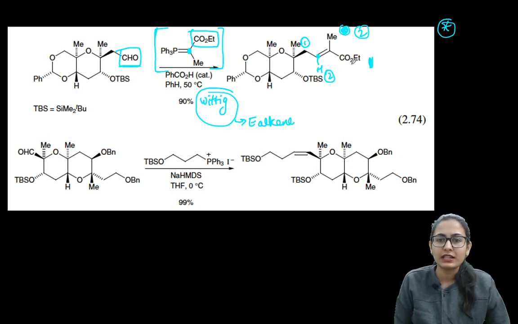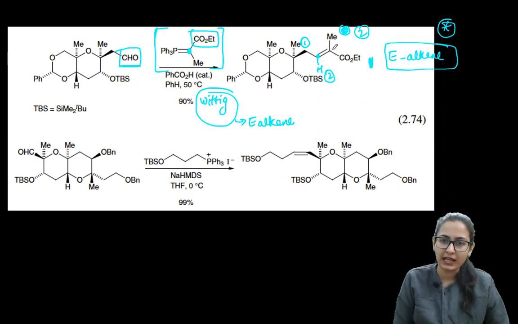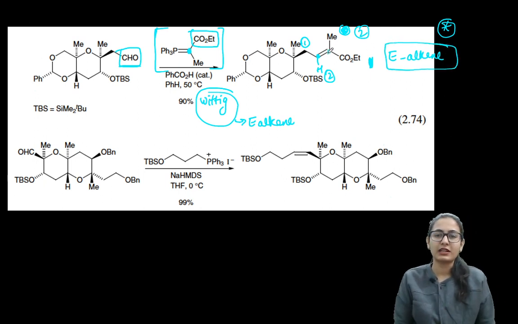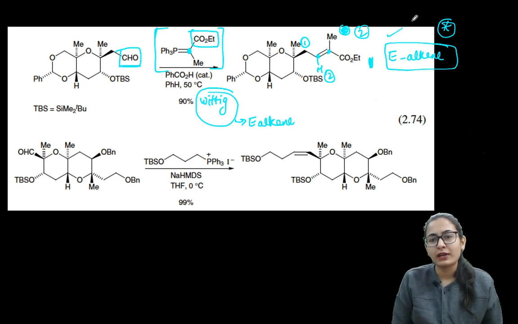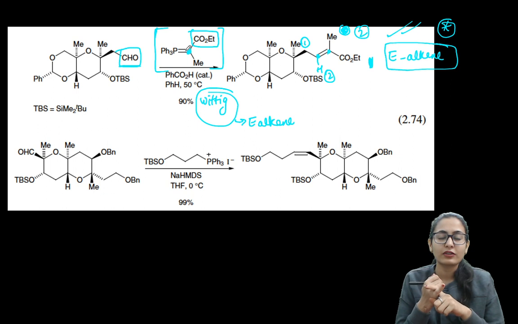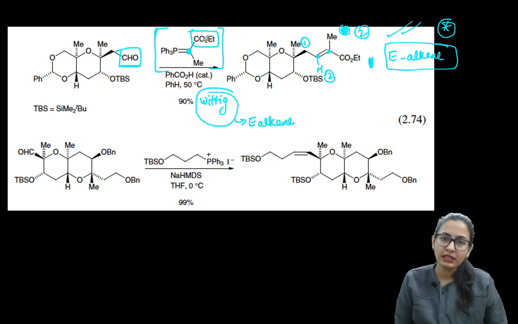So now you know that it is the E alkene that we are referring to. Again and again, we are not referring to trans alkene. Why? Because you might have substituents and then you have to give the numbering. Okay, so that is why we are referring E alkene. So stabilized ylide having an electron withdrawing group on the ylide carbon gives you the E alkene.